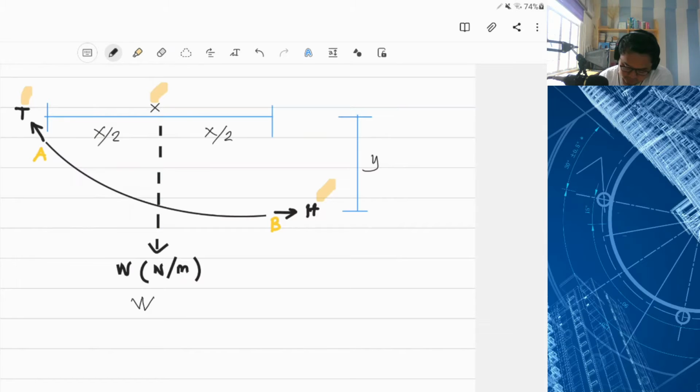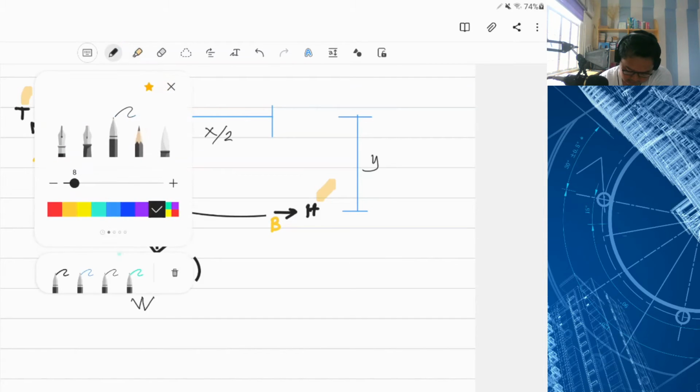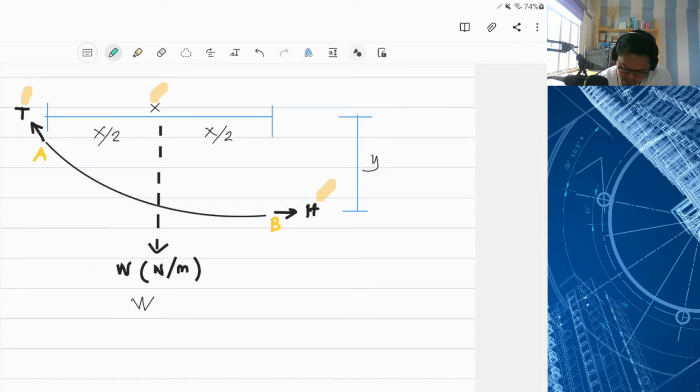And if I draw the free body diagram of this segment, I have here a triangle. This is the big W, this is the T, this is the horizontal H, and this is the theta.